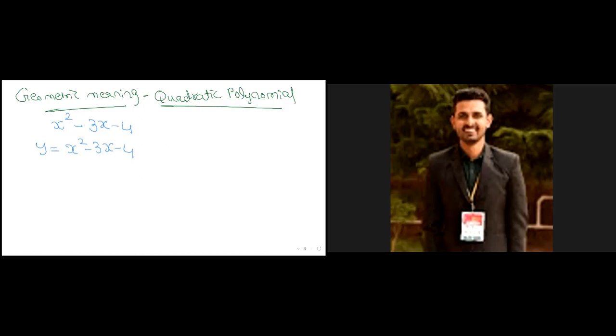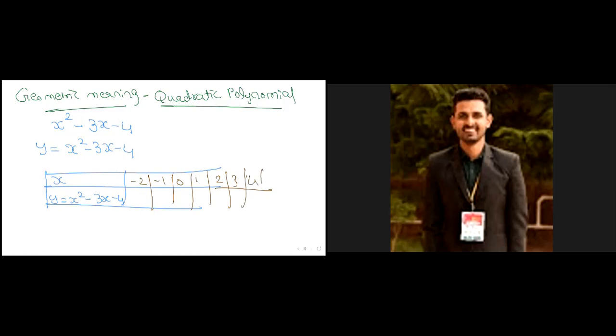And if I make the table like this, x and y is equal to x square minus 3x minus 4, for different values like minus 2, minus 1, 0, 1, 2, 3, 4, 5, you will get 6, 0, minus 4, minus 6, minus 6, minus 4, 0, 6.